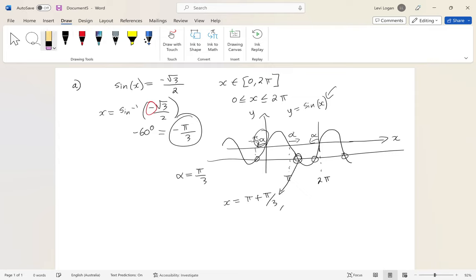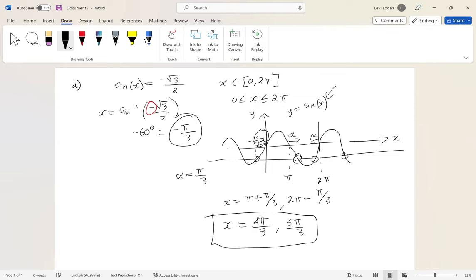Sorry, it's getting a bit messy, but you can see that solution. Our second solution is going to be 2 pi minus pi over 3. Simplifying that, we get x is equal to 4 pi over 3 and 5 pi over 3. And that is our two solutions given our bounds for this particular trigonometric equation.